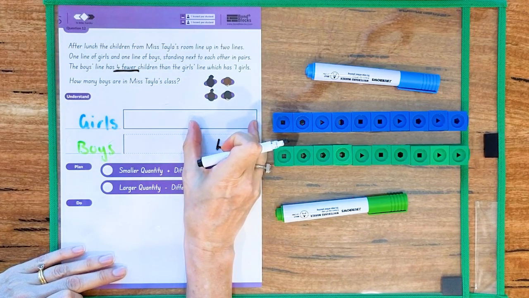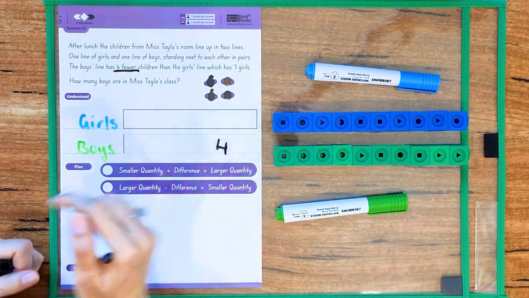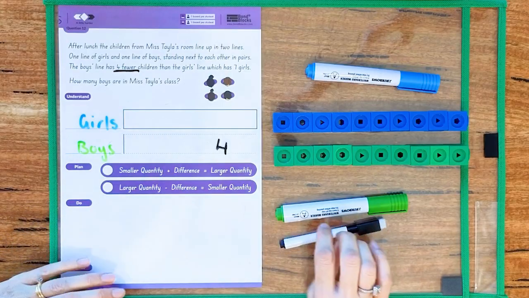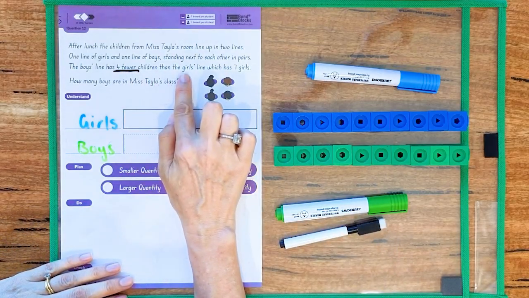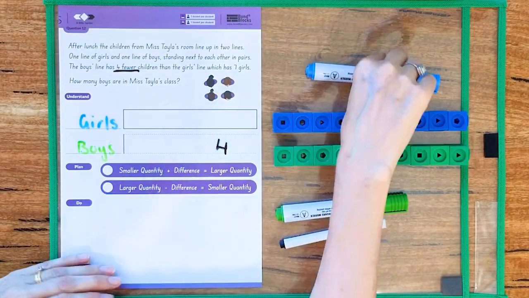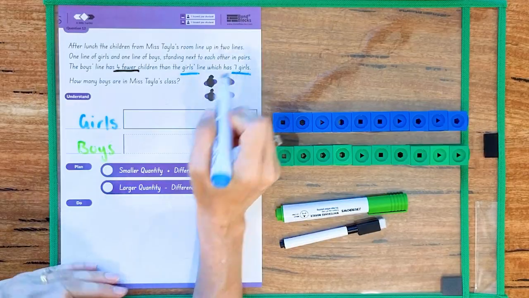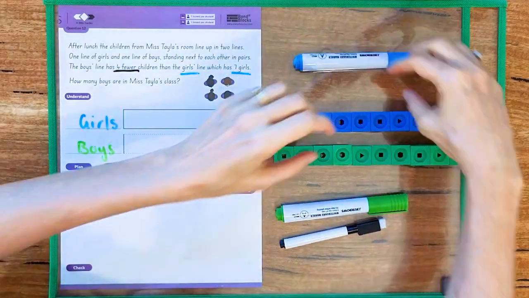There will be 4 more girls and 4 fewer boys. 4 fewer than the girls' line, which has 7 girls. So I know the girls' line has 7.